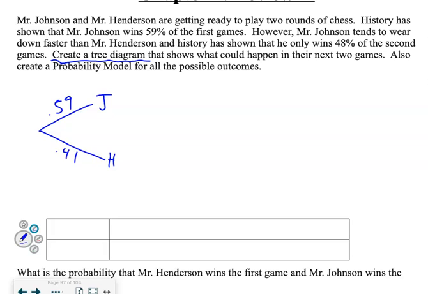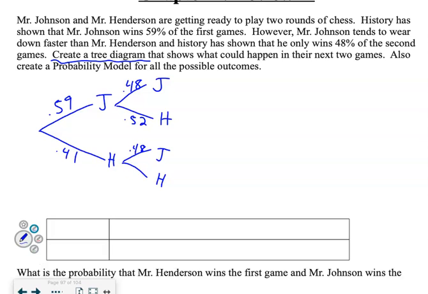The second game, though, we could have Johnson or Henderson, Johnson or Henderson, okay? The second game, though, Mr. Johnson wears out faster, and he only wins 48% of those. So 0.48 for Mr. Johnson, which means Mr. Henderson wins 52%. Remember, these two always have to add up to 100.